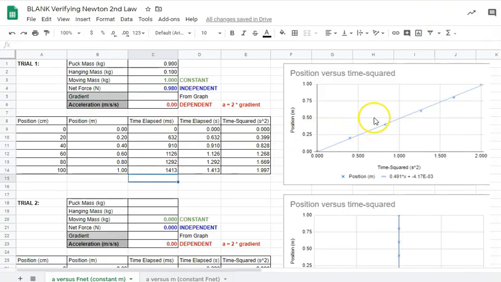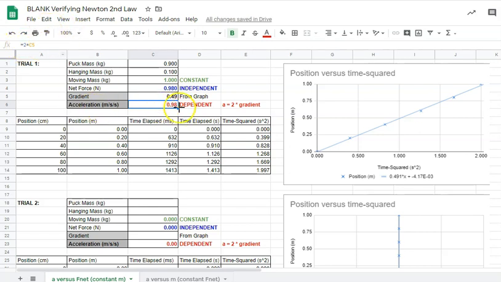Okay, so we've got the graph. It'll plot automatically. It will give us the equation. So we know from the equation, as I discussed, that the gradient is acceleration over 2. So if we plug that gradient in here, 0.491, then the acceleration is calculated here.